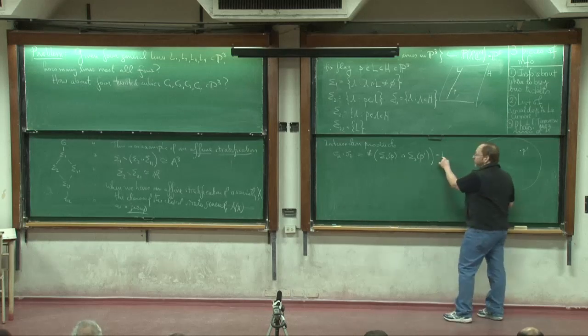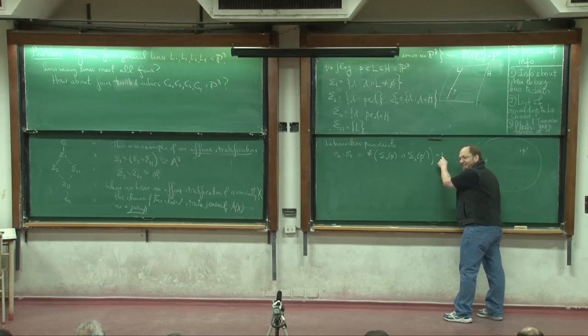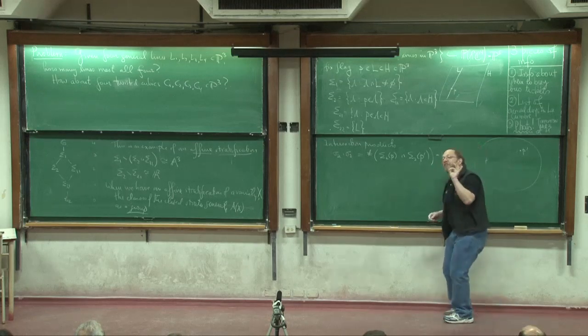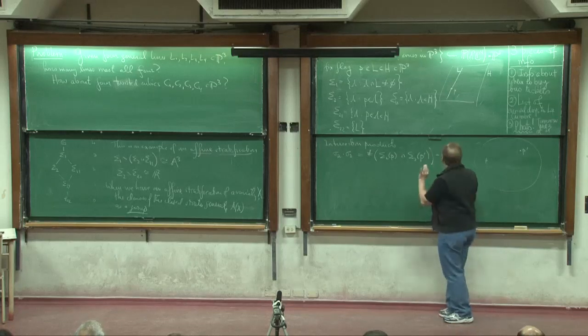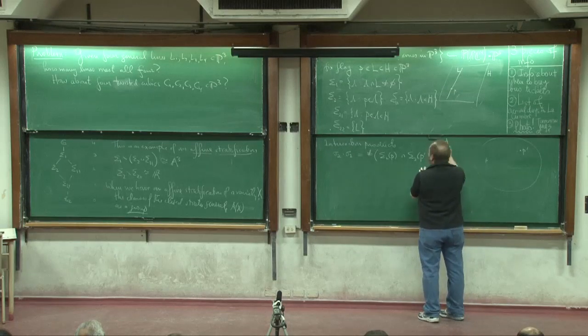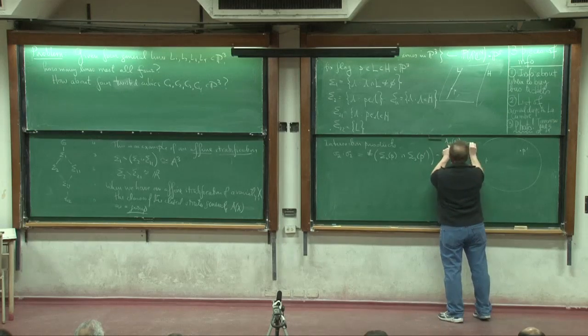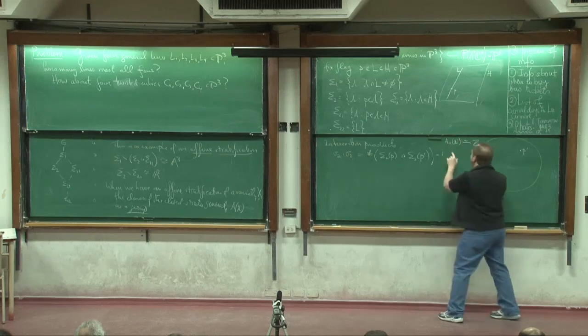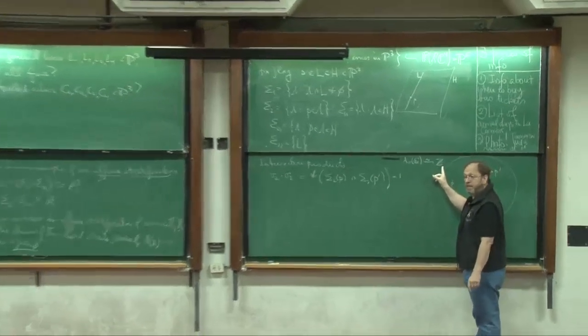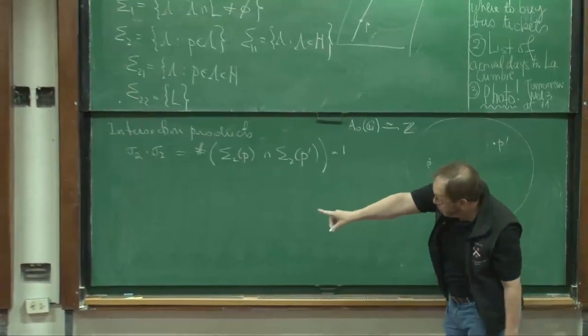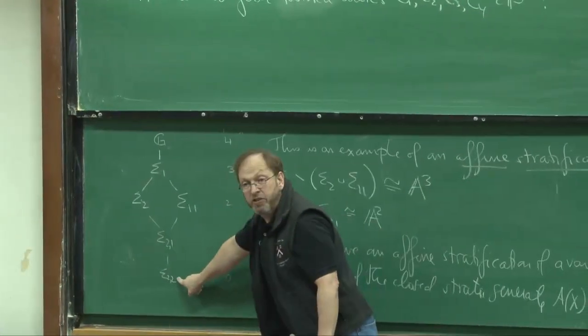Now, by the way, I'm writing 1 here. I shouldn't write 1. This is the class of a point. But here, I'm implicitly invoking the fact that we have a degree map from A0, 0-dimensional cycles on the Grassmannian, to Z. And that map, in this case, is going to turn out to be an isomorphism, because we see that we have an affine stratification with just 1 0-dimensional stratum.